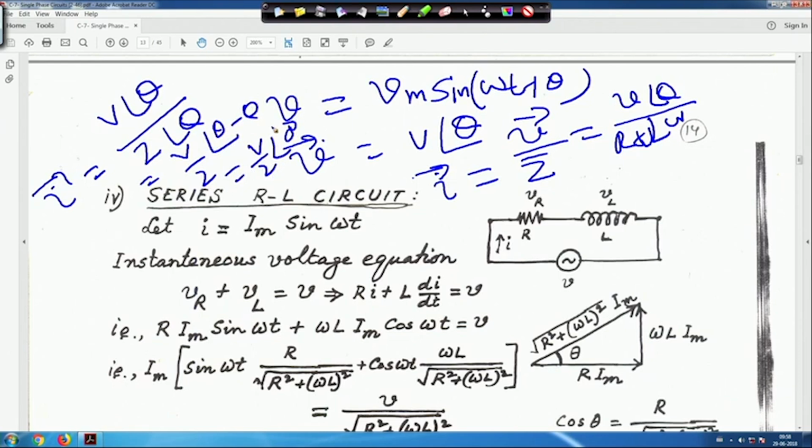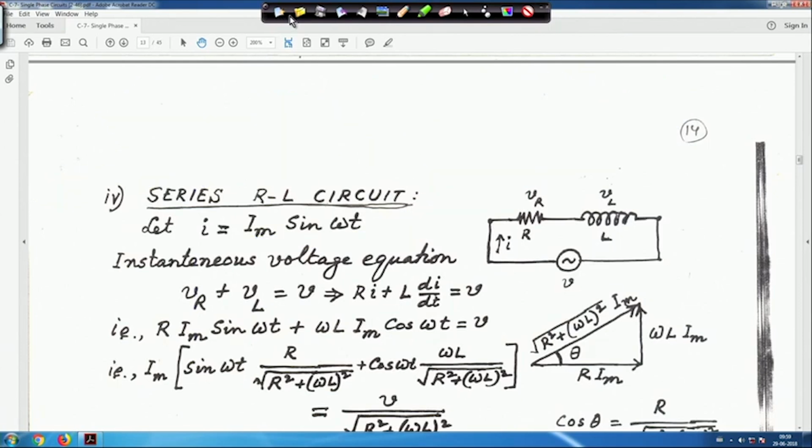That means the current we assumed, I is equal to Im sin ωt, is nothing but I angle 0 degrees. This is V by Z is I angle 0 degrees. I just showed you the reverse calculation; when you solve circuit problems you will see this. In terms of phasor, I is equal to Im by root 2 RMS value and angle 0 degrees.